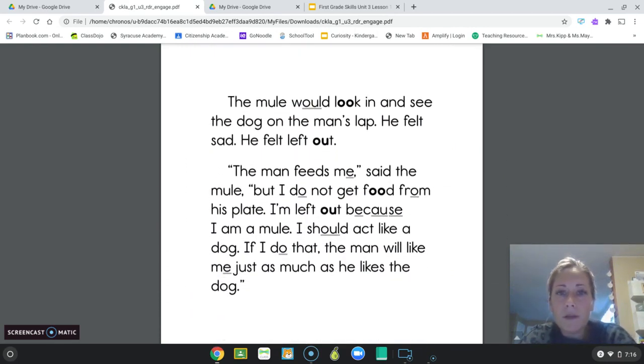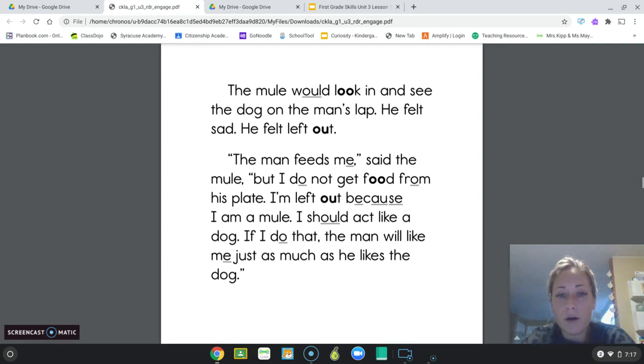The mule would look in and see the dog on the man's lap. He felt sad. He felt left out. The man feeds me, said the mule, but I do not get food from his plate. I'm left out because I am a mule. I should act like a dog. If I do that, the man will like me just as much as he likes the dog.